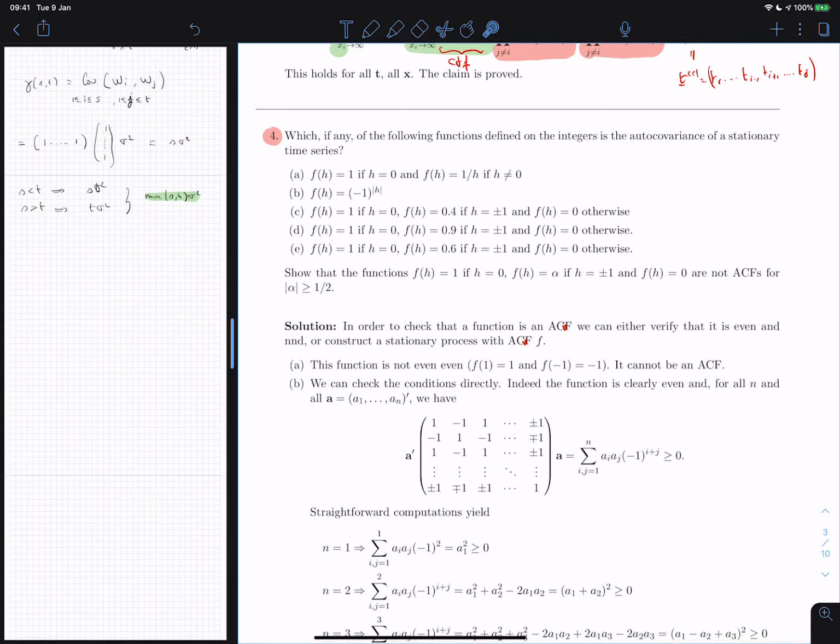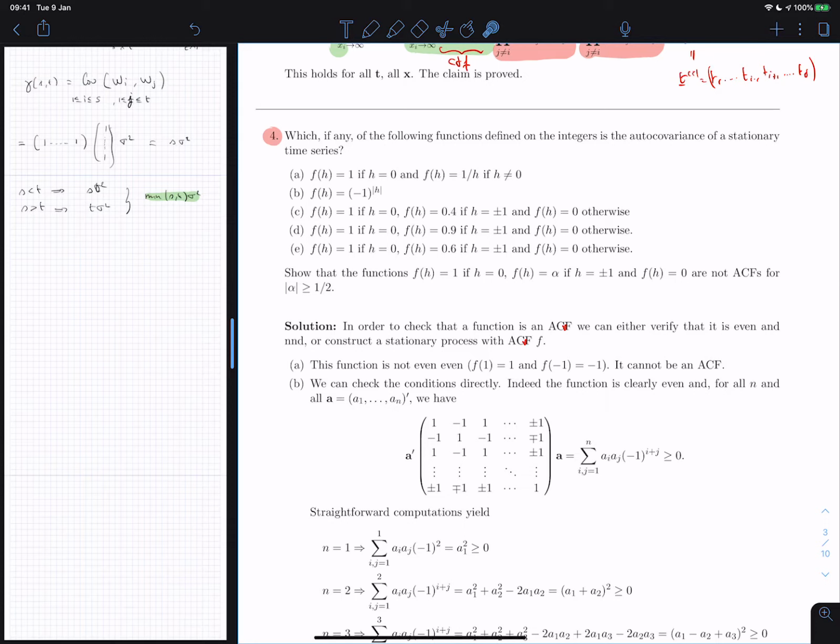Yes. Okay, so the first one is just a mise en bouche, it's quite easy. We take a function which is either 1 or 1 over h, and we want to know if that's the autocovariance function of something. Well, that function is not even: f of 1 is 1, and f of minus 1 is minus 1.